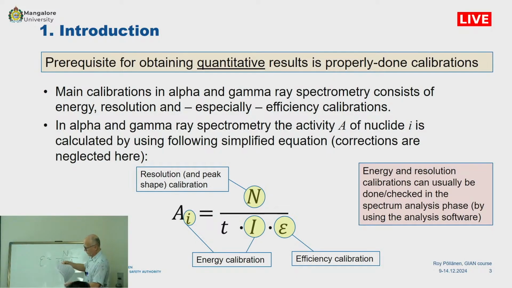So, if you look at the equation, this N here in page 6, it refers to this, the count rate. This is count, and here it's a number of counts. Here is the time. And if they are divided, it's count rate. So the equation is basically the same.